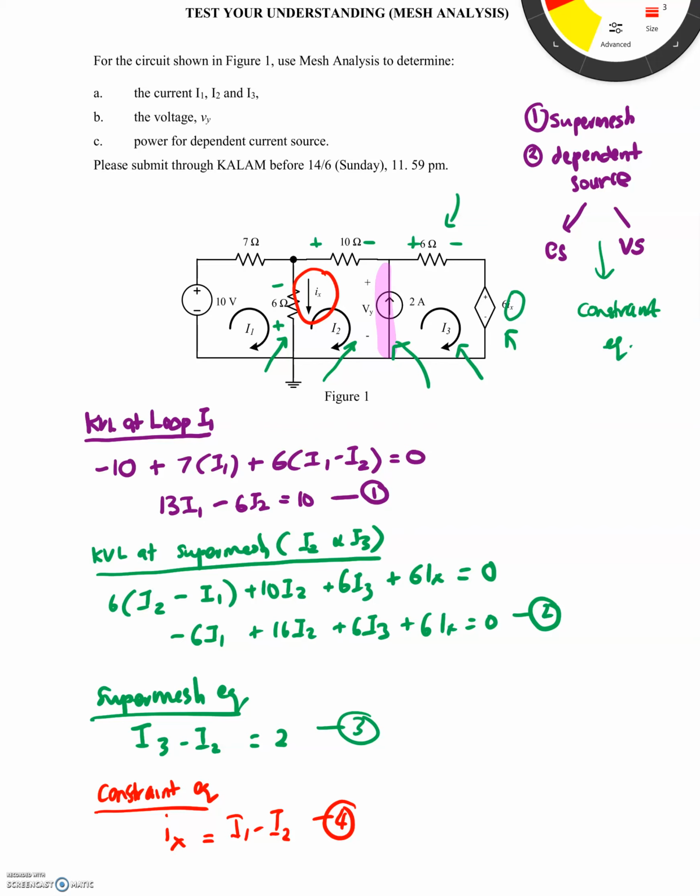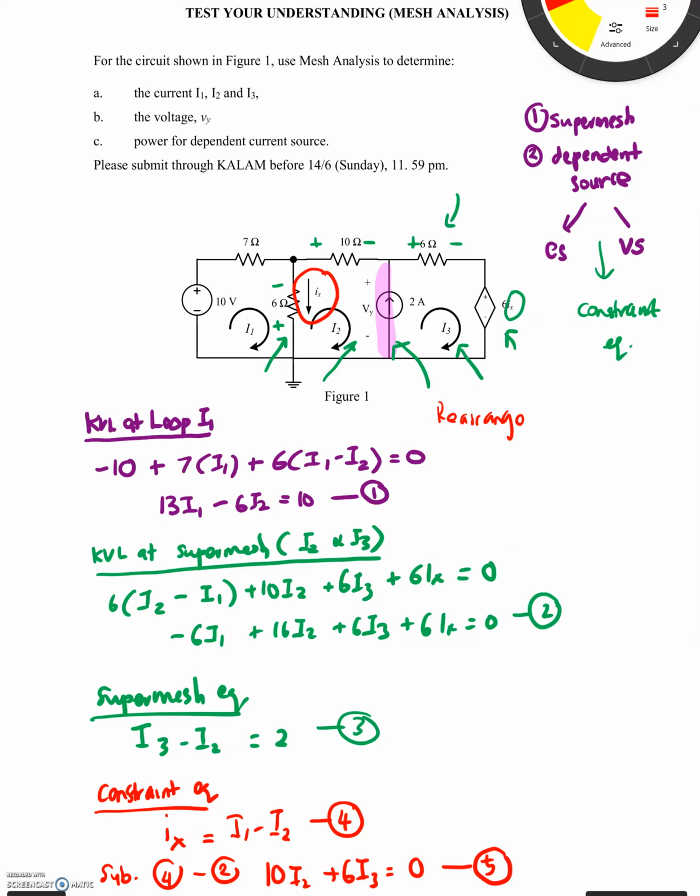As you can see, we can substitute 4 into 2, then the equation will become 10 I2 plus 6 I3 equal to 0. This will be equation number 5.